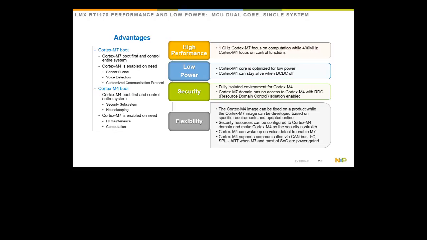So what it means is that you can choose to optimize the device and use the right core for the right function, I should say. A very good example of this again is for digital thermostats and even home security control systems.